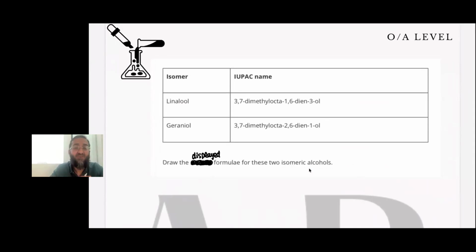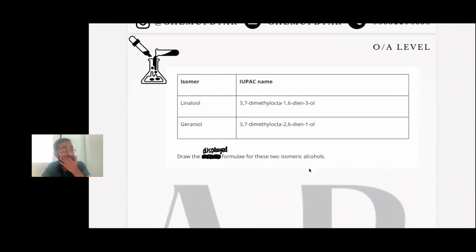First do it in your copy, then do it here. Just do it quickly. Ridwan, draw the displayed formula. Ahmed, draw the displayed formula.